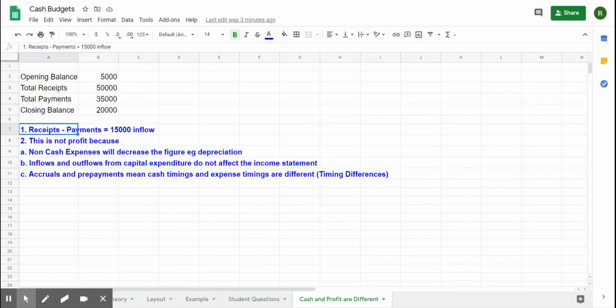That depreciation links to a cash outflow, but that cash outflow was when we purchased the assets, and that would have been in previous years' cash budgets, and the expense of the depreciation would appear spread over a number of time periods. So non-cash expenses generally make the profit figure lower than the cash flow.